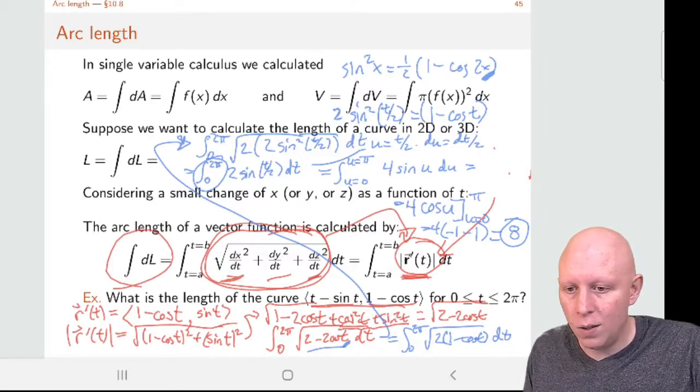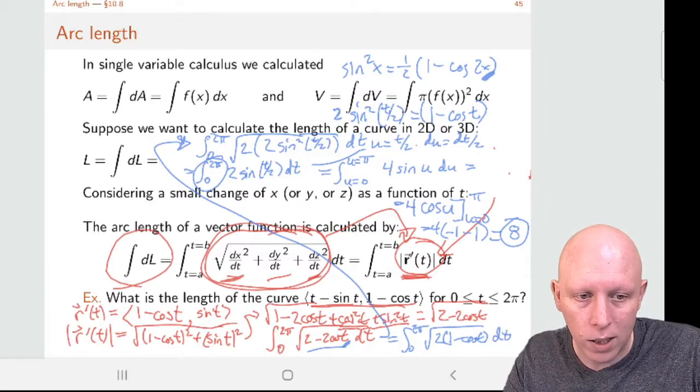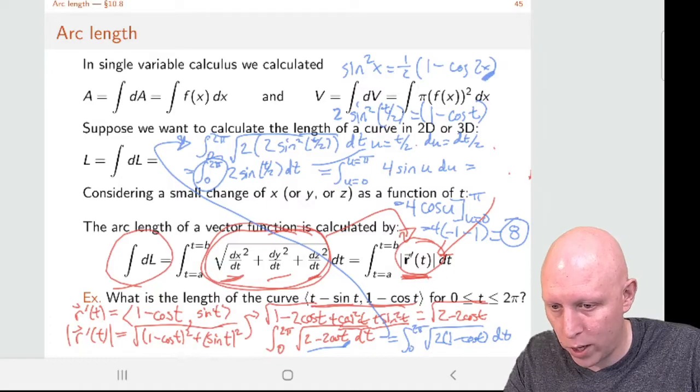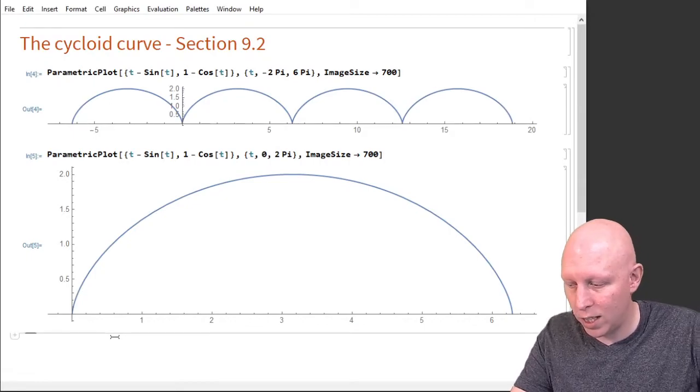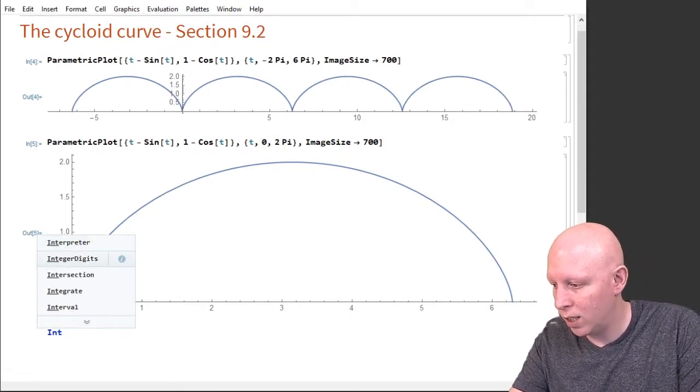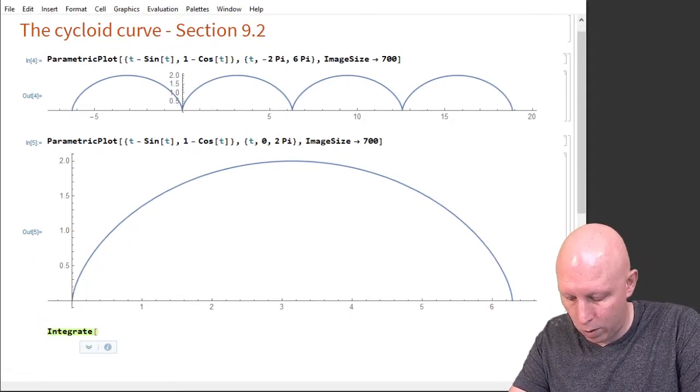Let's get Mathematica to solve this for us, and then let's take a break. All right, so we want to integrate. What was our function?